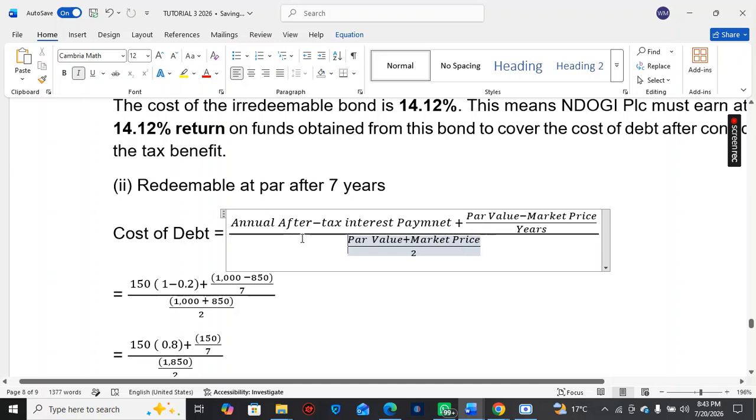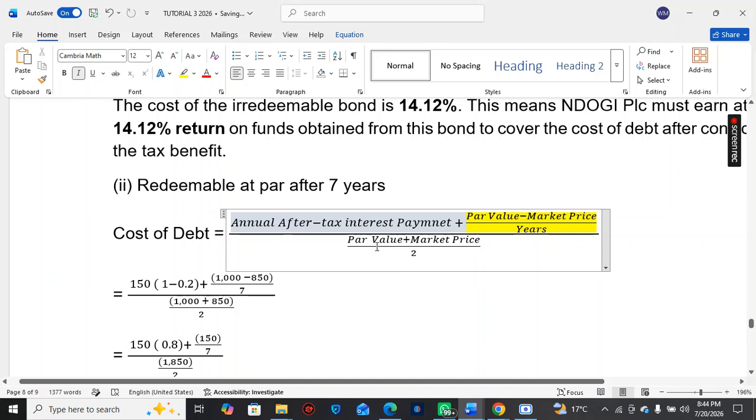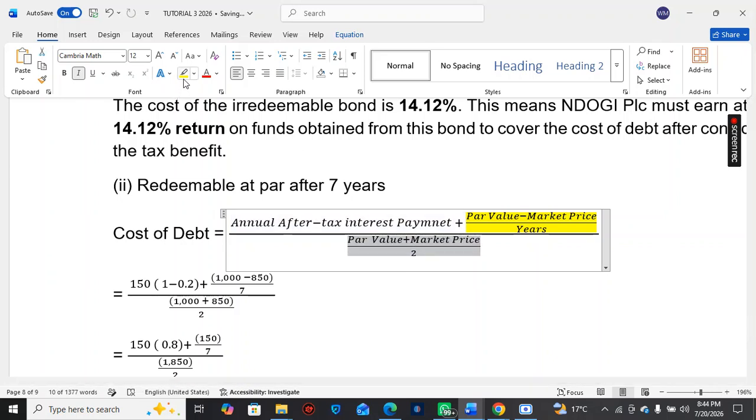Colleagues, will we be able to remember this formula? You know the trick of this formula? This part and this part are almost similar.